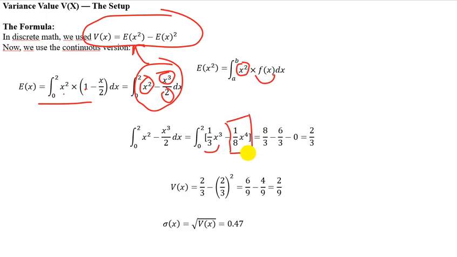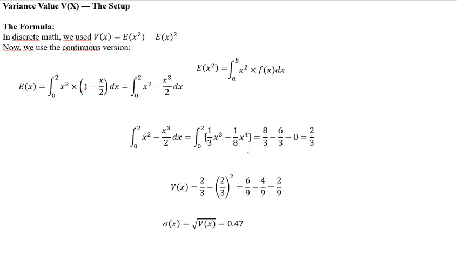We replace our x by 2. It gives 8 over 3 minus 16 over 8, and when I replace x by 0 for both, it gives 0 minus 0. In the end we get 2 over 3.